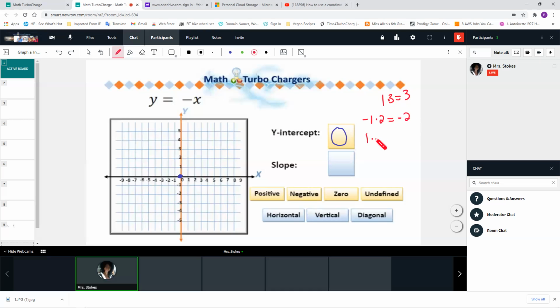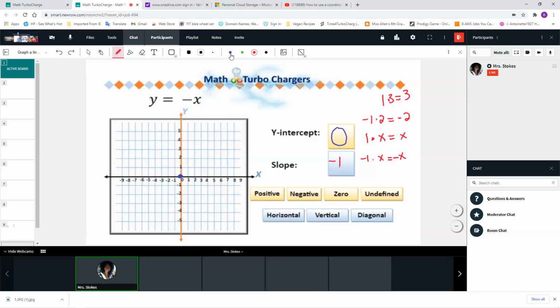If I have 1 times x, that's going to give me x. And if I have negative 1 times x, that's going to give me negative x. Remember, anytime you multiply anything times 1, it's going to remain itself. So in this case, my slope is negative 1.